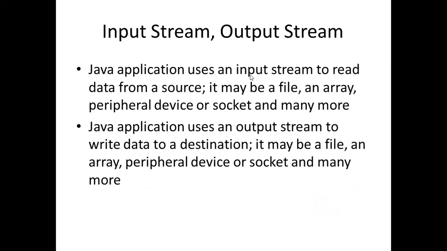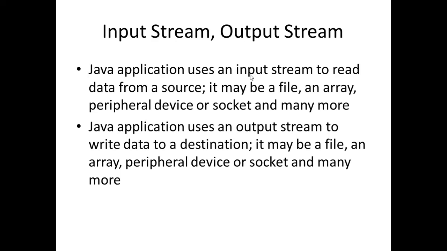Again, I would like to tell you the Java applications use an input stream to read data from a source. It may be a file, it may be an array, it may be a peripheral device, or it may be a socket, or the sources can be many more which are listed over here. The Java application uses an output stream to write data to a destination.